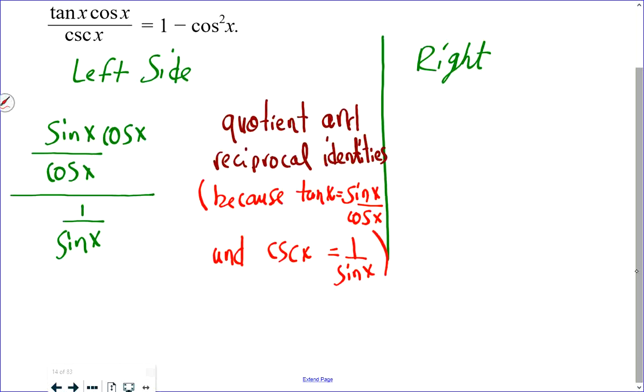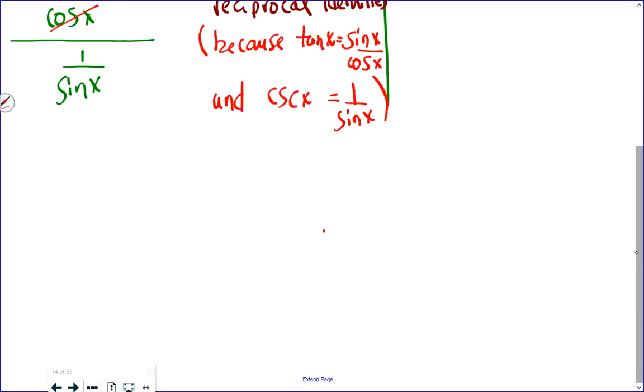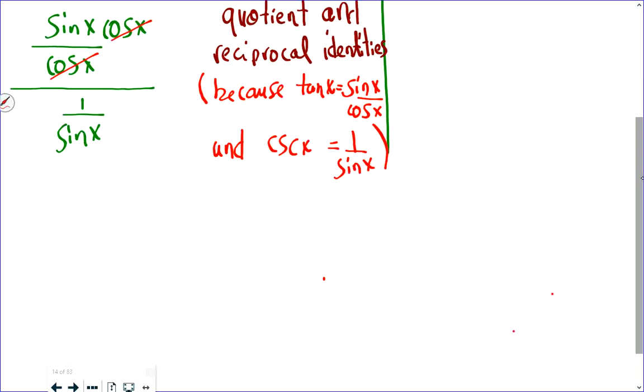Okay, what now? Well, now, and I'm going to make a recommendation here. I'm going to cancel those cosines, and I'm left with sine x on the top over 1 over sine x on the bottom. Now, would you agree that we're going to have to multiply top and bottom by sine of x?